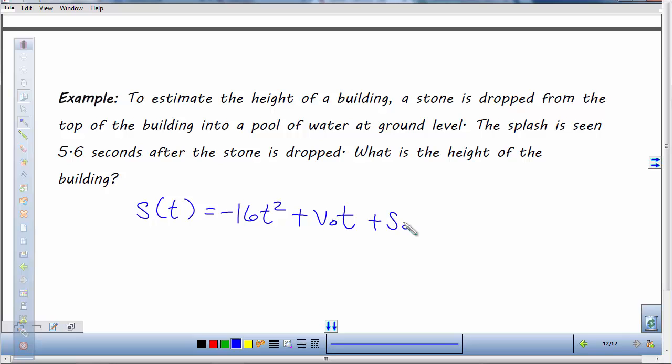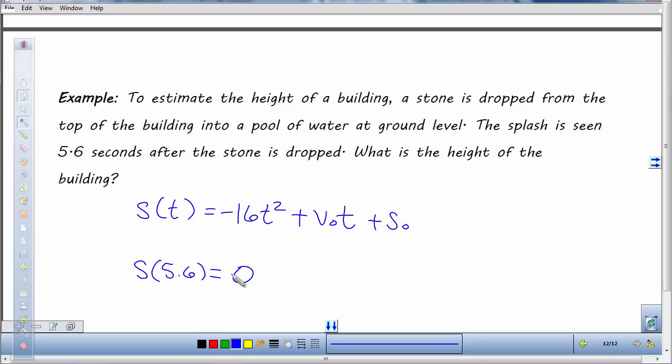Okay, we know the time that it takes for it to hit the ground. Okay, so we know basically that S of 5.6 should equal 0. Okay, S of 5.6 equals 0, because it takes 5.6 seconds before we see the splash.